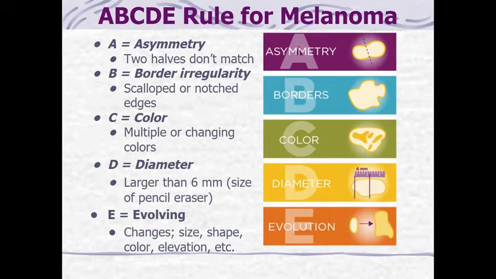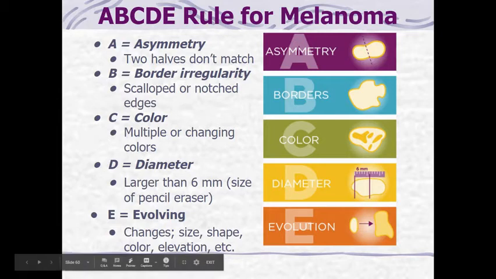Color, specifically multiple colorations or if it changes color. Diameter, especially if we're noticing that it's getting larger in size. And evolving. Kind of like we mentioned with the changing color, the changing size, any other changes you notice is always something that could cause an alarm.